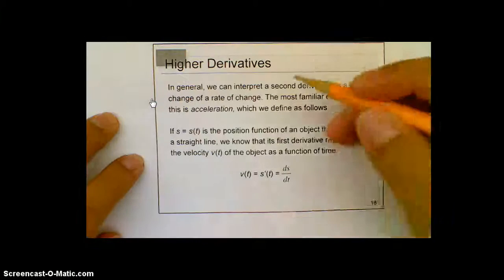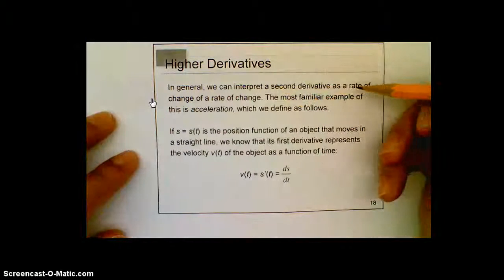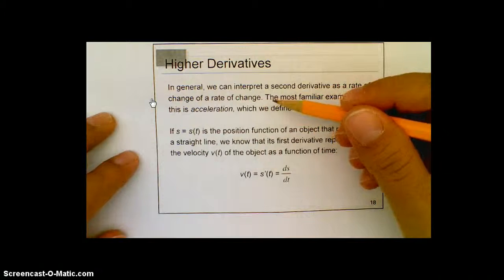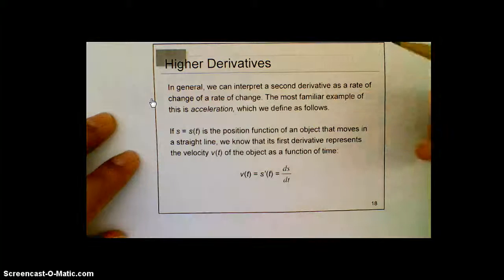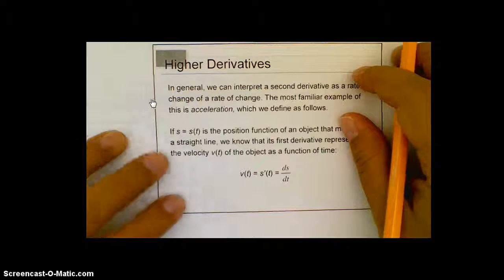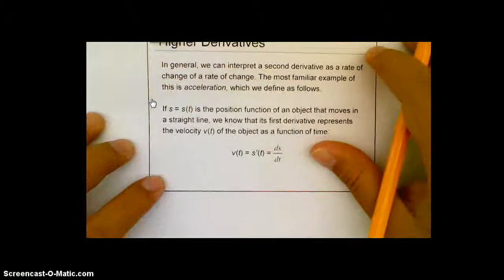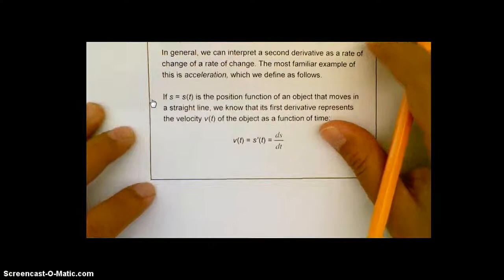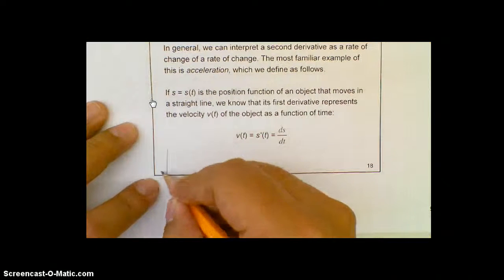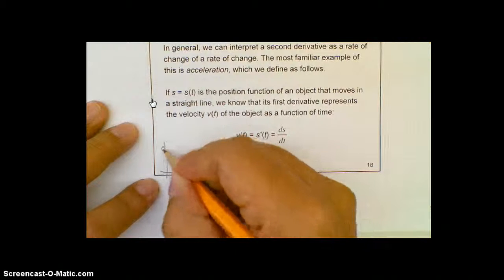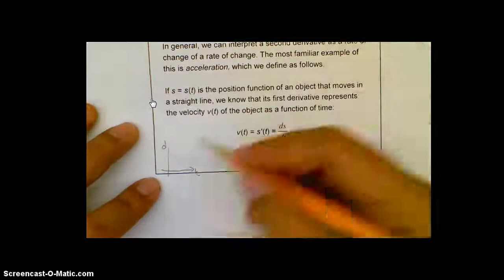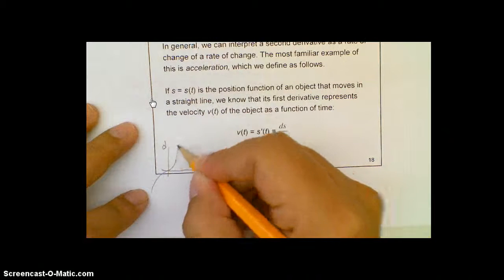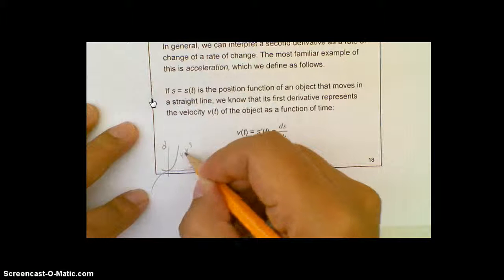So we can interpret a second derivative as a rate of change of a rate of change. As I take more derivatives, it's the rate of change of the rate of change of the rate of change. The simplest example that we have is acceleration. For example, I may have a distance versus time graph, and let's say that it's that x cubed that we saw before.